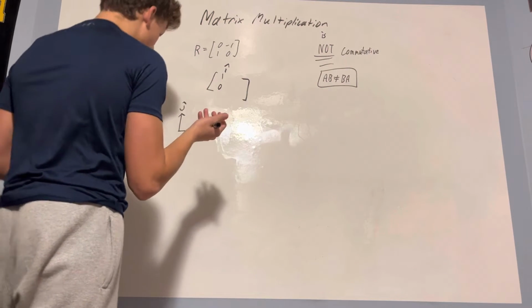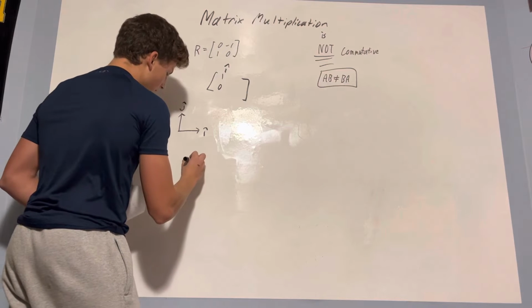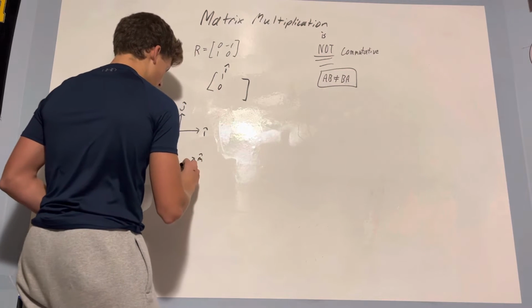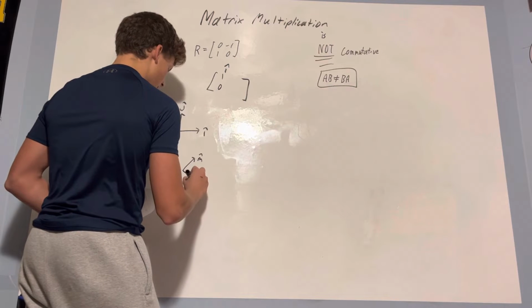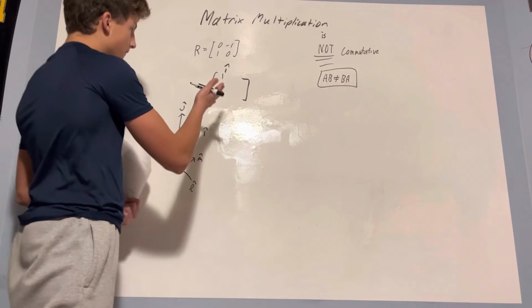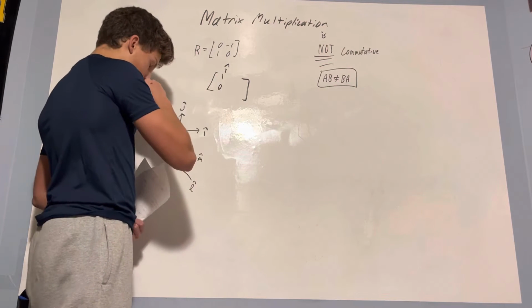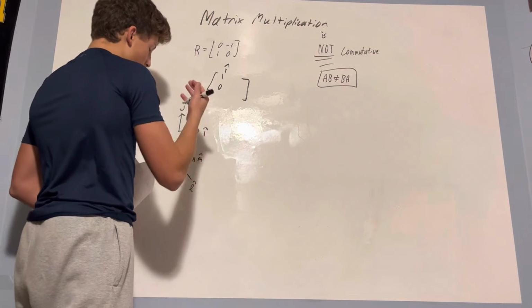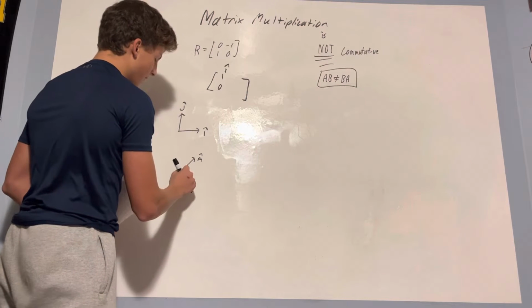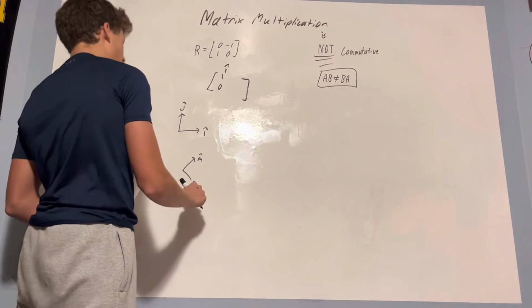Now, if we had some other unit, say some m hat and some l hat, we could define these as different combinations of x and y. So m might be x equals 1 and y equals 1, so the vector 1, 1, and l could be 1, -1.